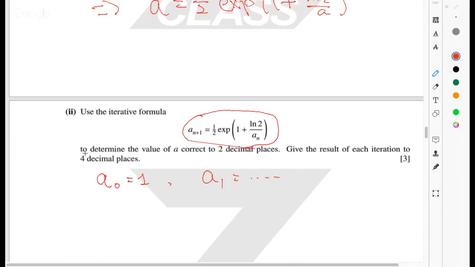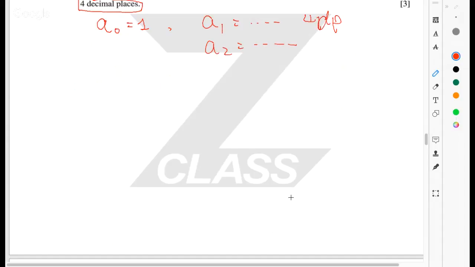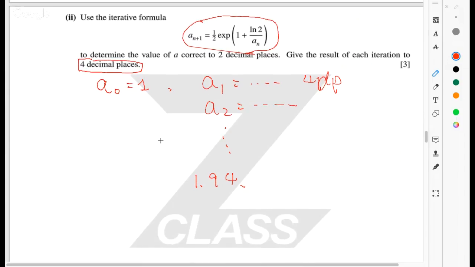And just bear in mind that you need to record your values to 4 decimal places. So you just do this a few times, and eventually, it shouldn't be before too long, the iteration will settle down to a value that's around 1.94. And that should be your result.